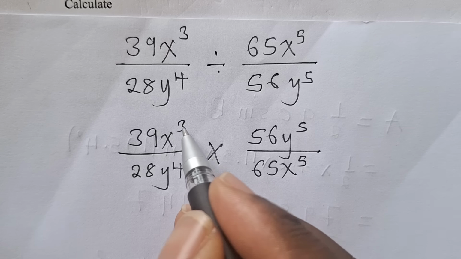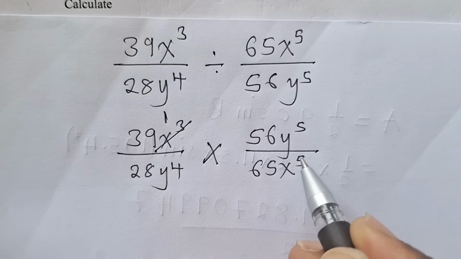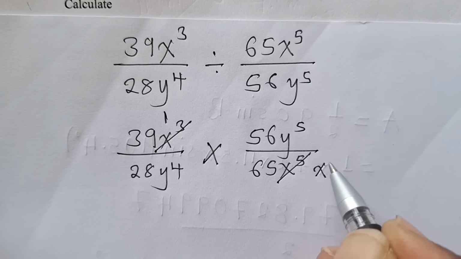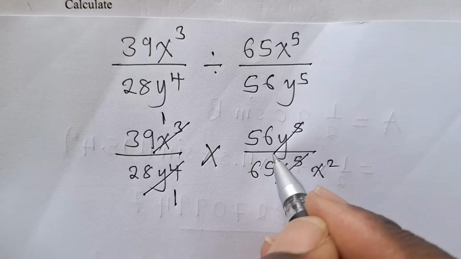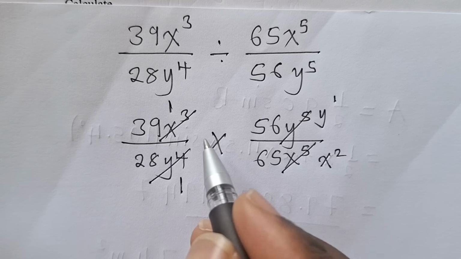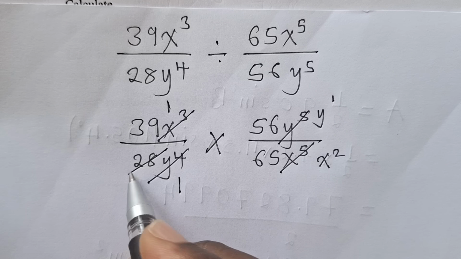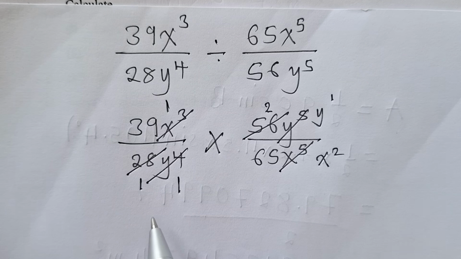So you can see this x^3 into itself, it's 1. Into this, it will be x^2. Then y^4, it's 1. Into this, it's y^1. And then we come to this. 28 into 28, it's 1. Into 56, it's 2. Okay?